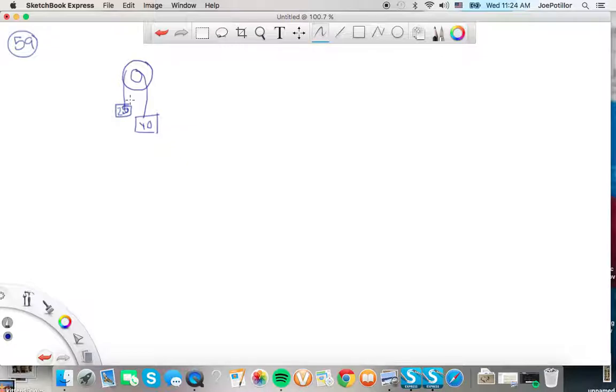And we're assuming it's on a frictionless scale. To do this problem, I'm going to erase my pretty picture, and we'll come back to it later.